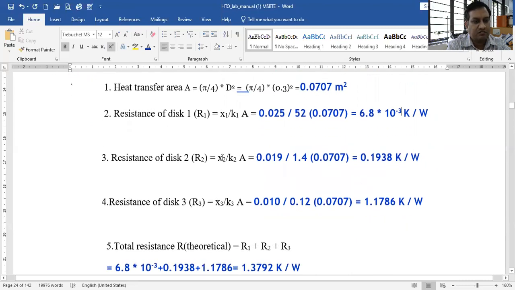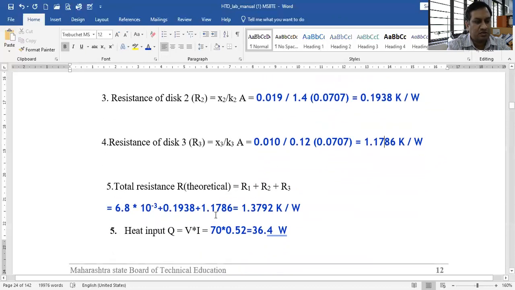Now similarly, we can calculate the resistance for disc 2, that is 0.1938 Kelvin per watt, and for disc 3, 1.1786 Kelvin per watt. Now we know that the total thermal resistance can be calculated with the formula R1 plus R2 plus R3, because in this composite wall there are 3 materials, that is why we have to add the resistances of the 3 materials. So we know the R1 value, the R2 value and the R3 value.